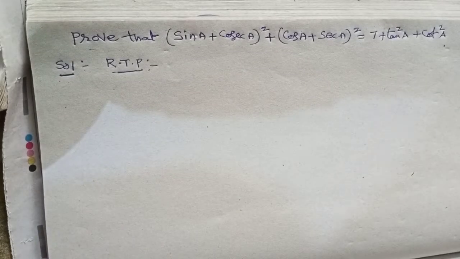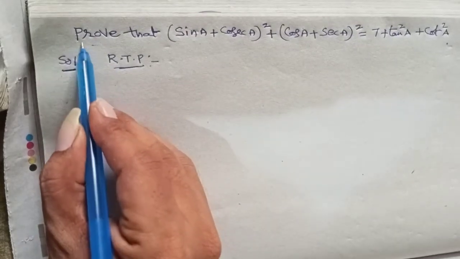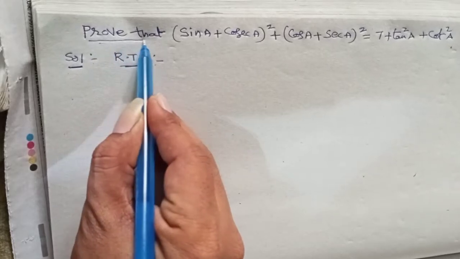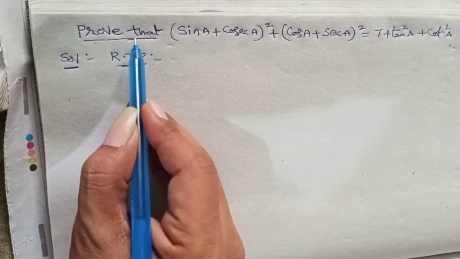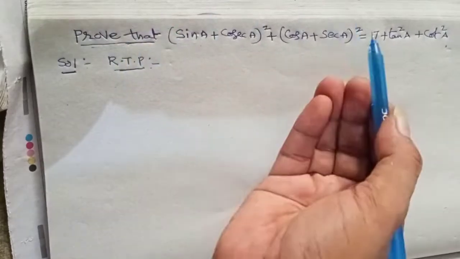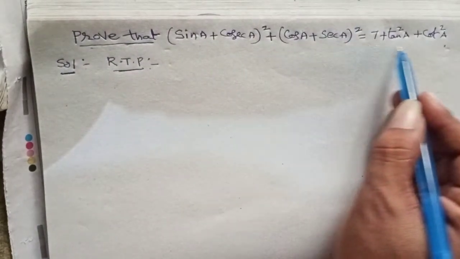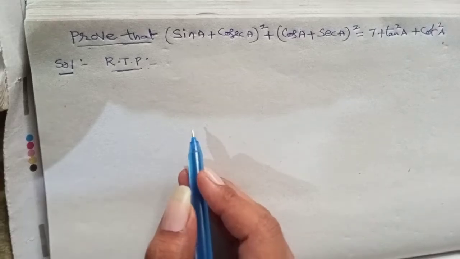See, you see the question here. What is the question word? The question word is nothing but "prove that". Which comes after the question word prove that? This one comes after prove that. Therefore, what is the RTP?